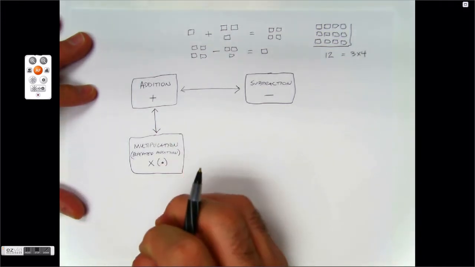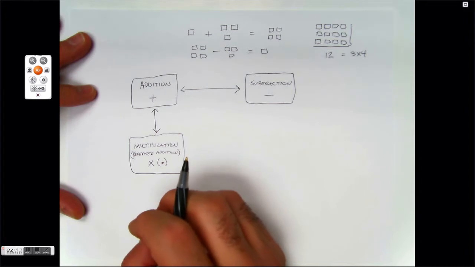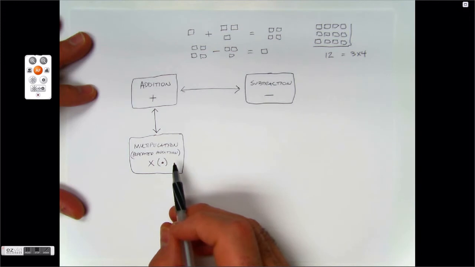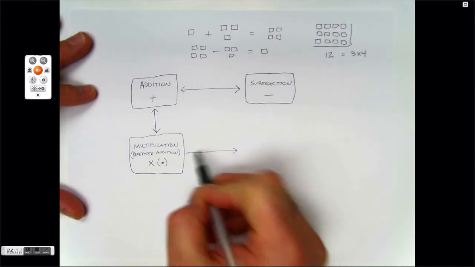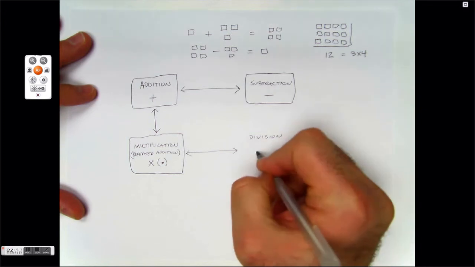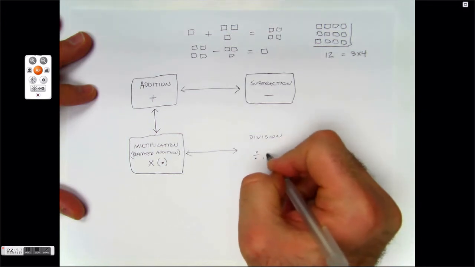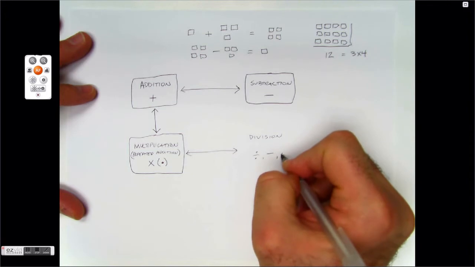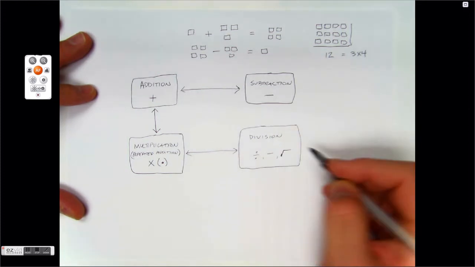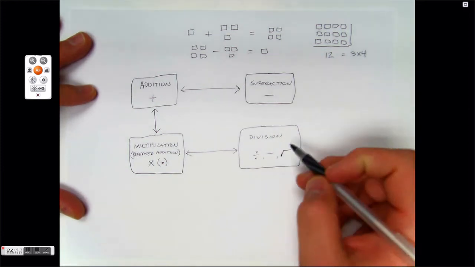Now, if we can take things and put them together more efficiently in terms of addition, then there has to be a way to take them apart more efficiently. So the inverse operation for multiplication is division. And there's multiple symbols that we'll use for division. And throughout the course we'll have these different symbols.